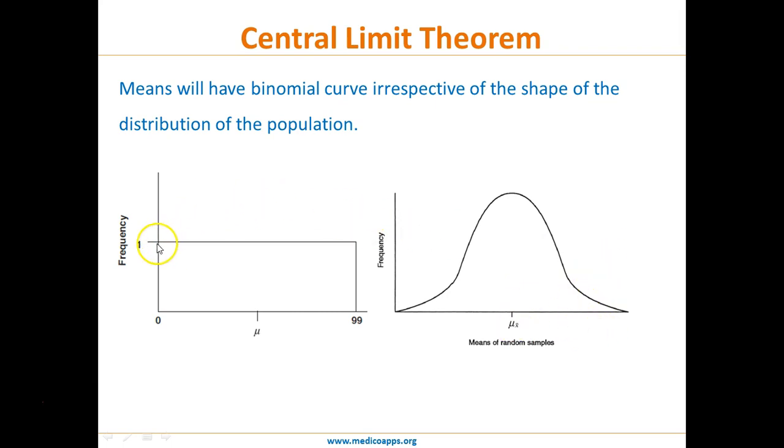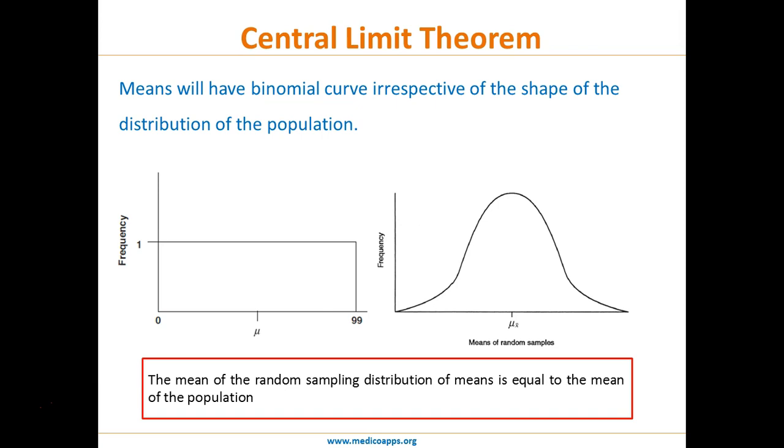Here in this case it's a linear straight line. It can be a linear progressive line, it can be a zigzag frequency distribution curve, original distribution curve. But if you take a sample, the mean of random samples will always have a normal distribution curve. So I hope this explains a little about central limit theorem. We are going to use the central limit theorem in actual, so you will learn more about it.